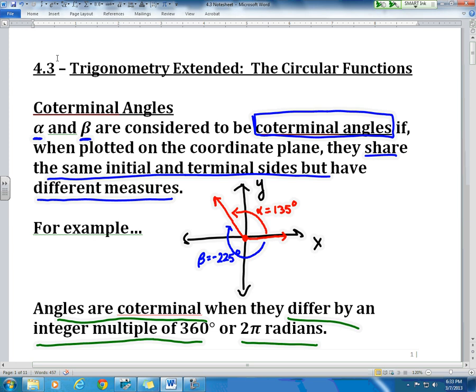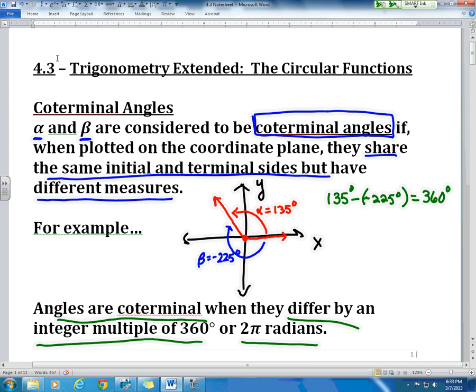So let's test out that theory. If I take my alpha, 135 degrees, and from that I subtract negative 225 degrees, we end up with 360 degrees. So that's obviously one integer multiple of 360.